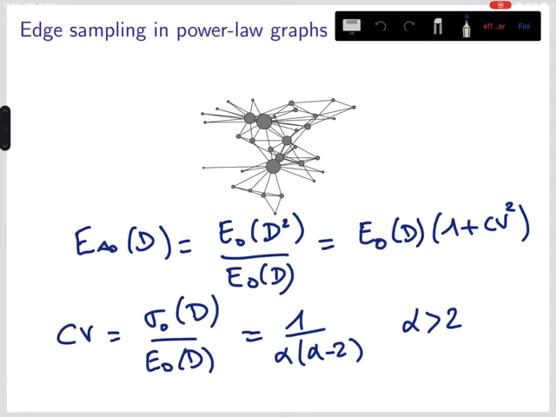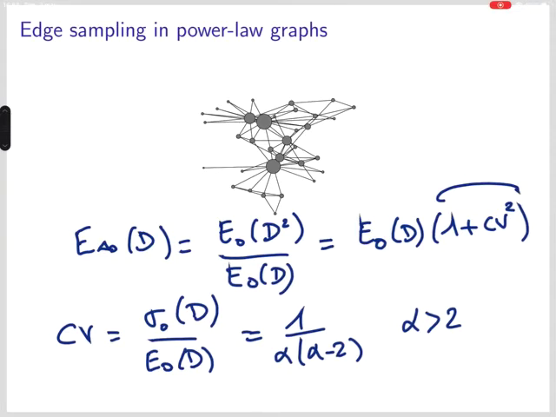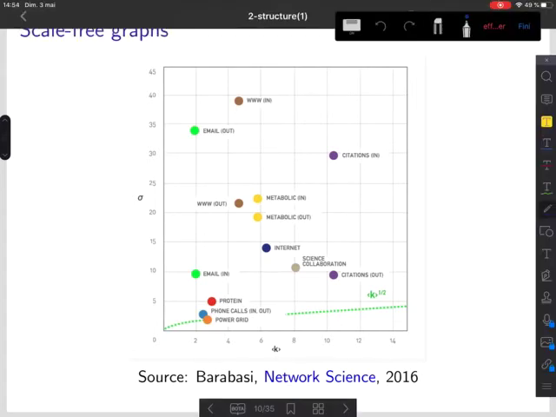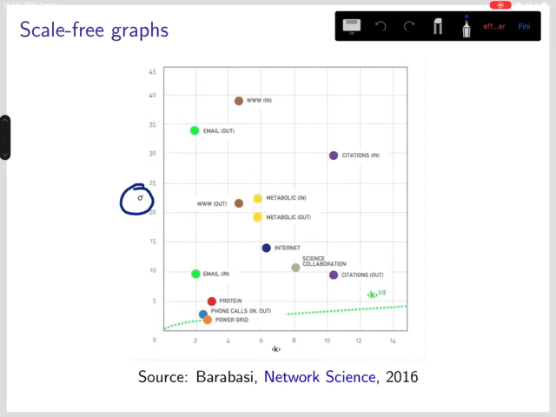And so here you can see that the impact of the sampling strategy, of edge sampling, on the expected degree is huge. You have here a multiplicative factor that may be quite large. So how large is this in practice? Well, you have this plot from Barabasi's book on network science, and in this plot you have on the y-axis the standard deviation, on the x-axis the average degree.